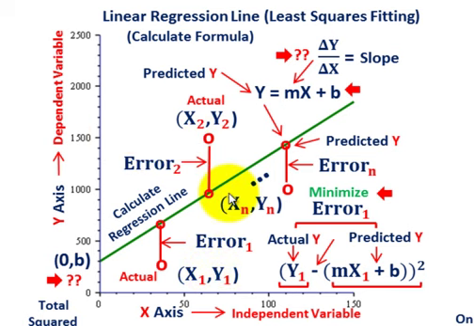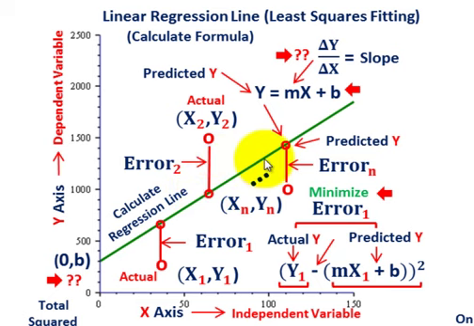Then you just move on up through any number of these different points. We'll look at it in terms of our last point, xn, yn, however many points you're going to have. Again, you're going to have some value for that, represented by your x value and your y value.